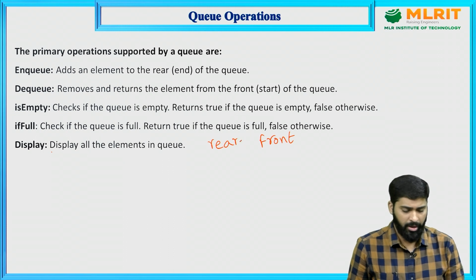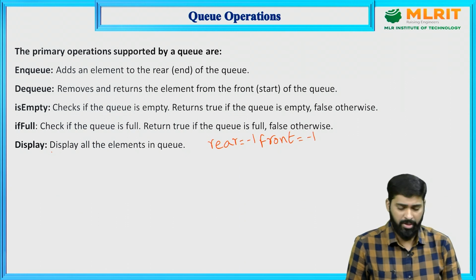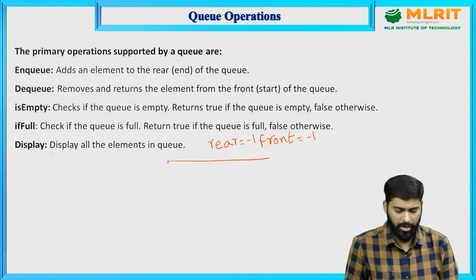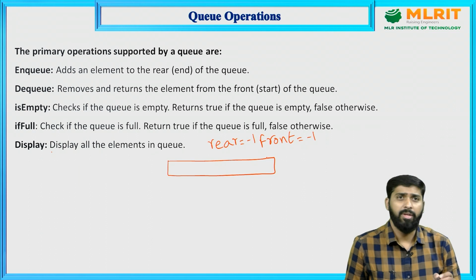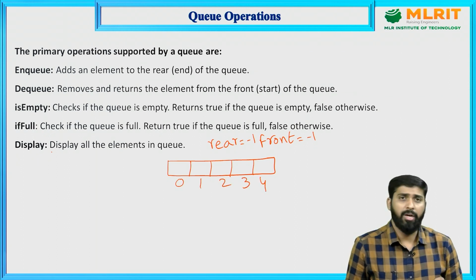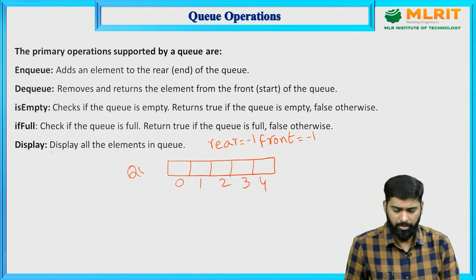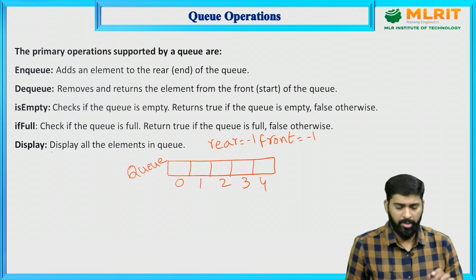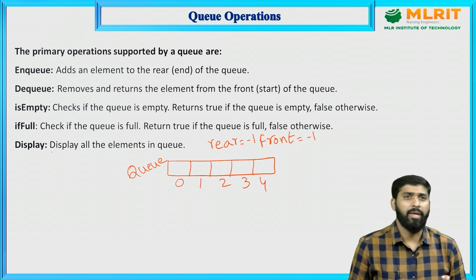So rear equals -1, front equals -1, and let us assume this is the array. Let us assume the size of the array is 5, so 0, 1, 2, 3, 4. These are the indexes. Let us assume the array name is Q. This we call initialization.